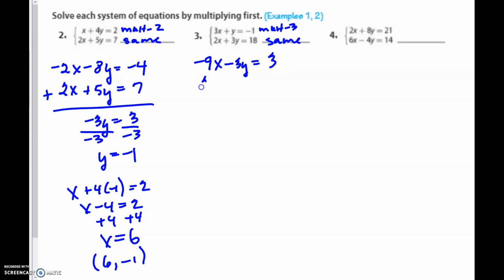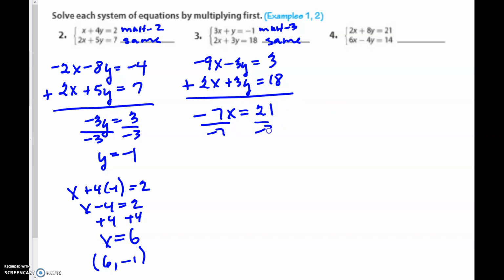Now I'm going to keep the bottom one the same, so 2x plus 3y equals 18. And now when I add these together, I get -7x equals 21. And when I divide by -7, I get x is -3.